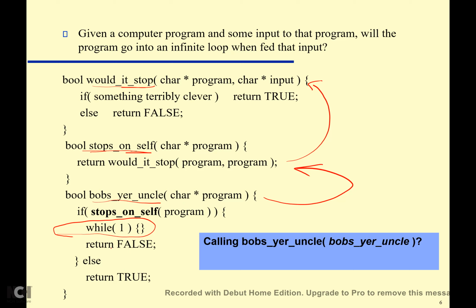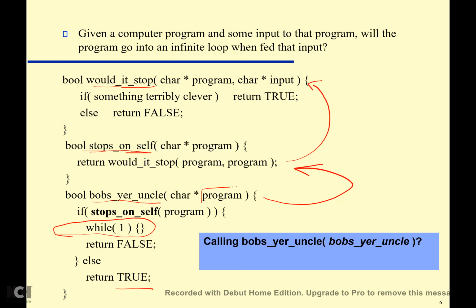So take a look at this code one more time. Either it runs forever or it stops and returns true, depending on whether the call to stops on self returns true or false. What happens when I try Bob's Uncle on itself?